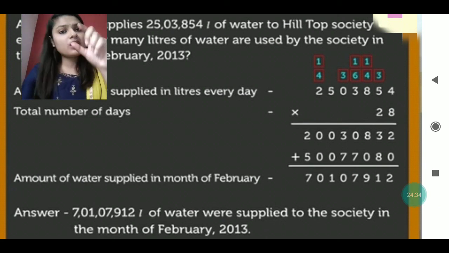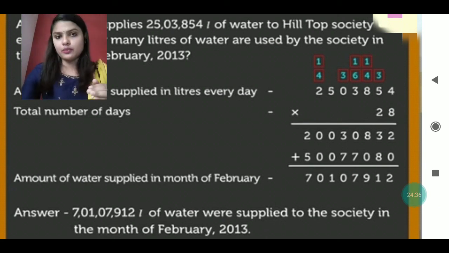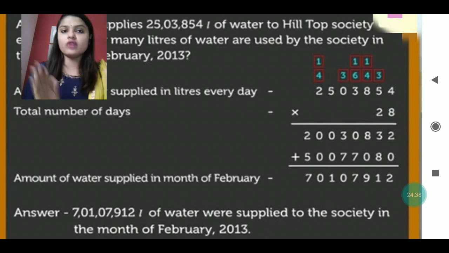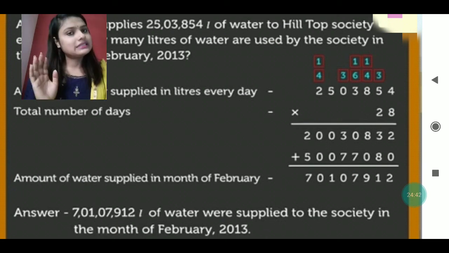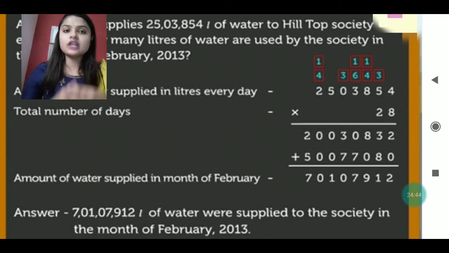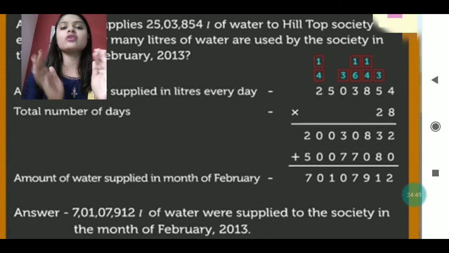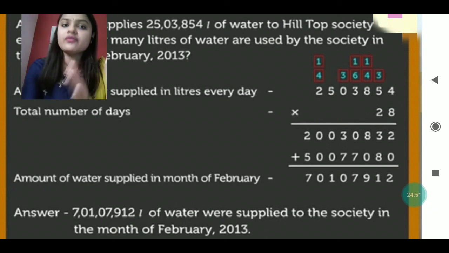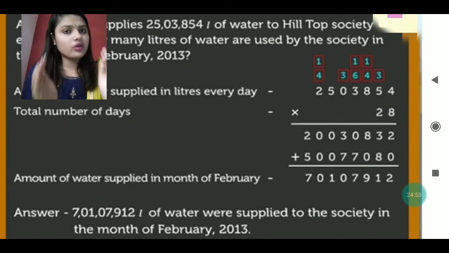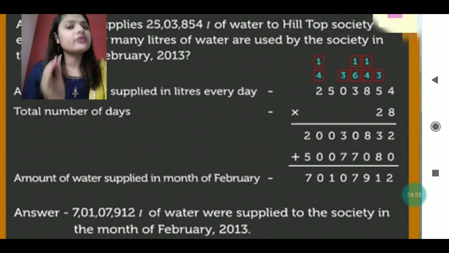When you get both the products, you will add both the products. Then you will get the total amount of water which they are supplying in the month of February.